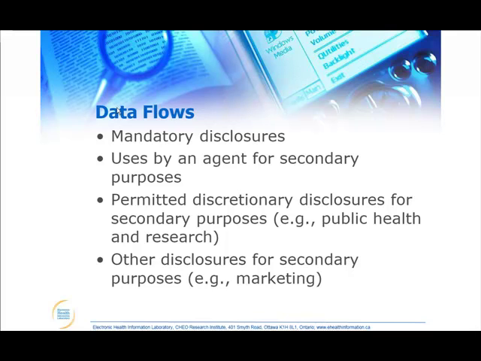So these are primary data flows. Here, at least under the current framework, you have really two options: either obtain patient consent or anonymize the information. These are for other disclosures for secondary purposes. In practice, the healthcare providers will either ask that consent be obtained, and in many cases, obtaining consent from the patients is not easy.